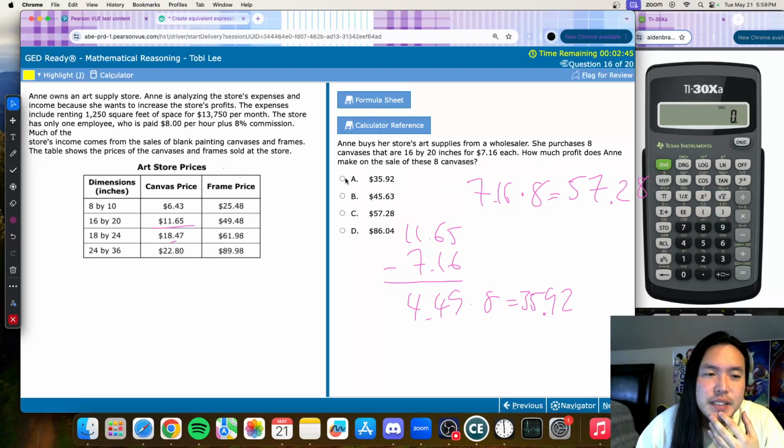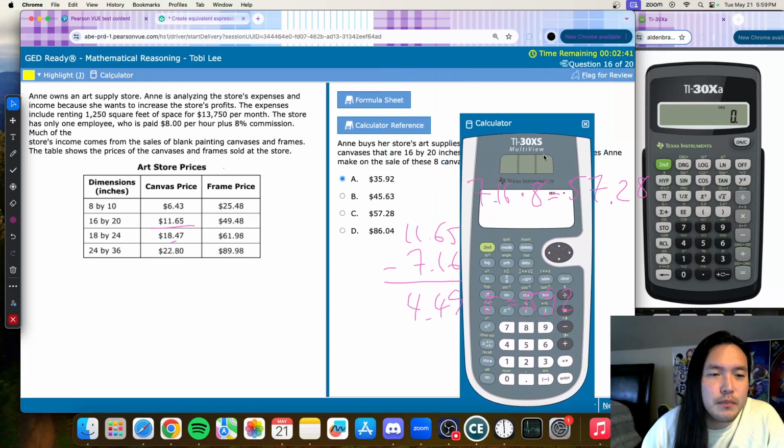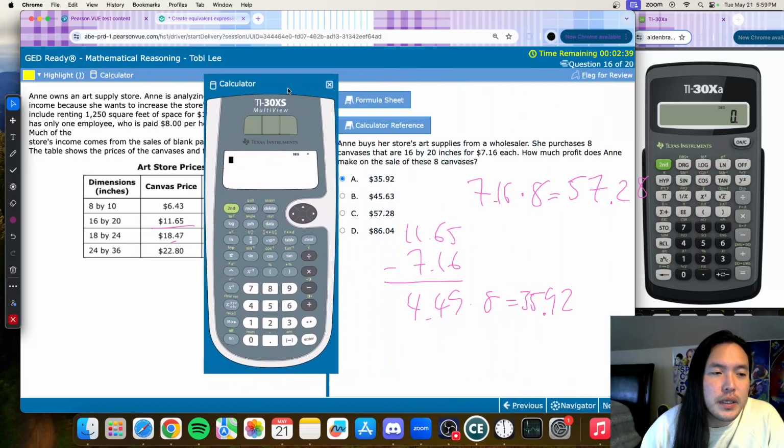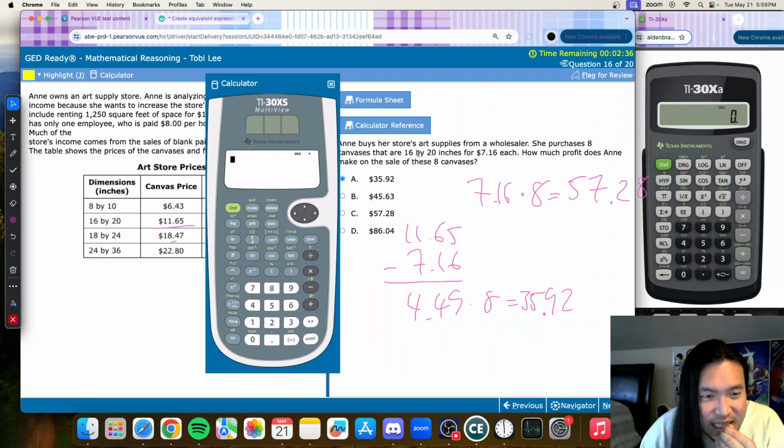There are a variety of different ways to solve this problem. I definitely think the simplest way is, she buys 16 by 20 inch canvases for $7.16, and she sells them for $11.65, right? So how much money is she making per canvas?